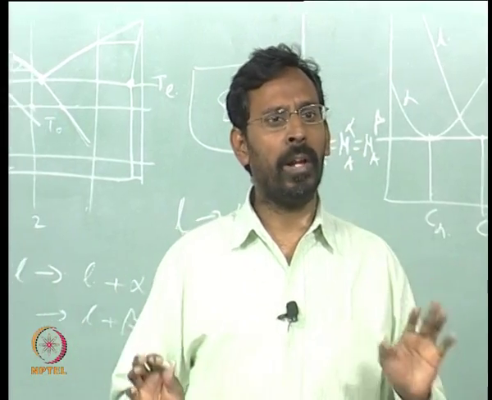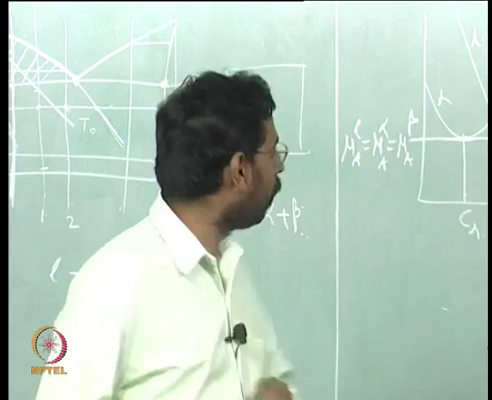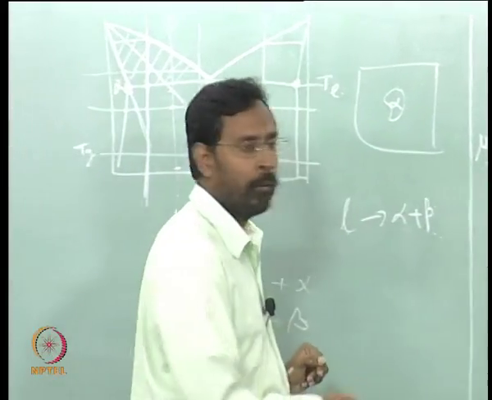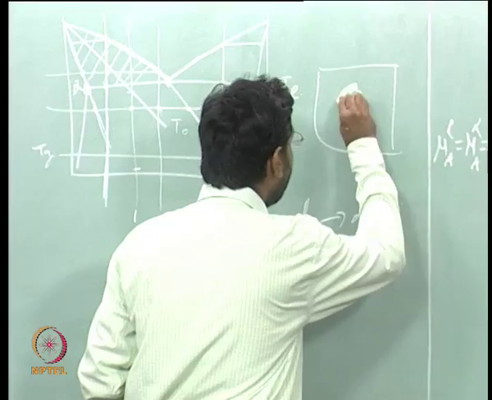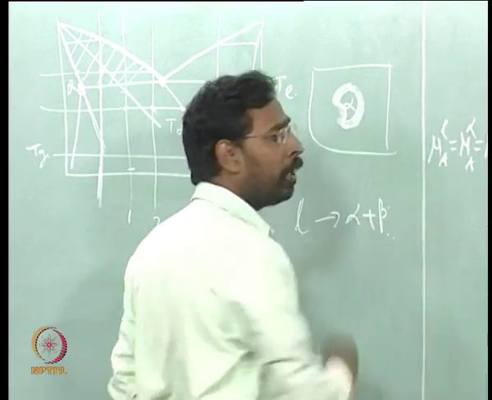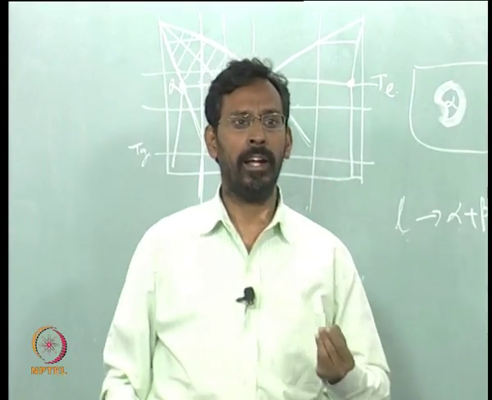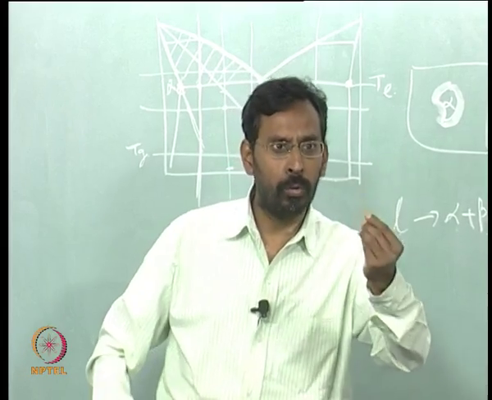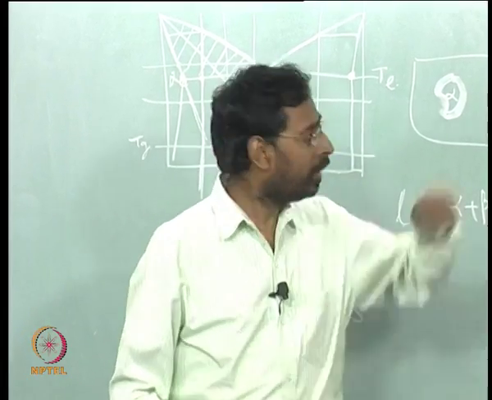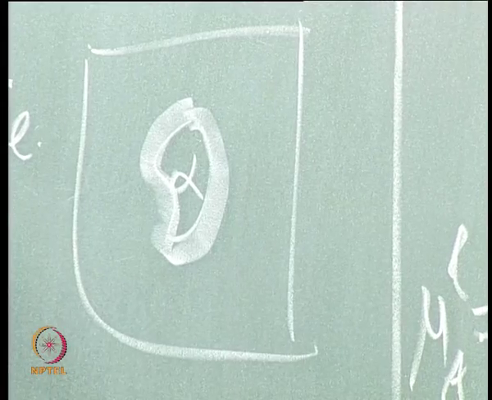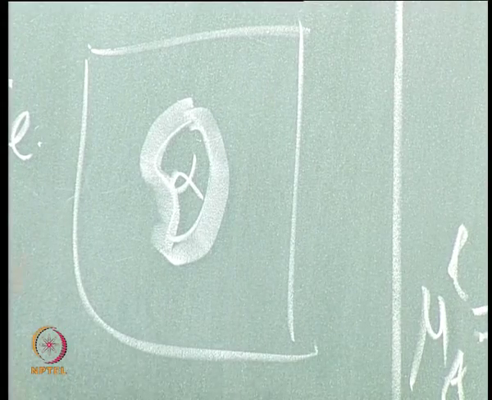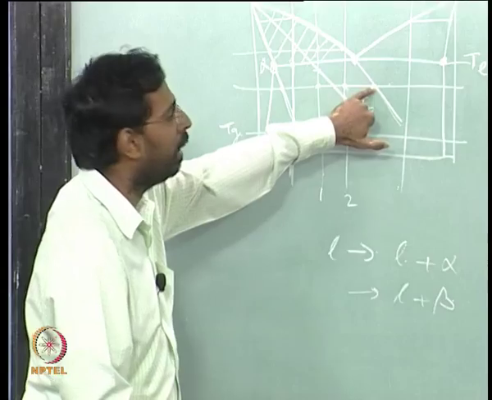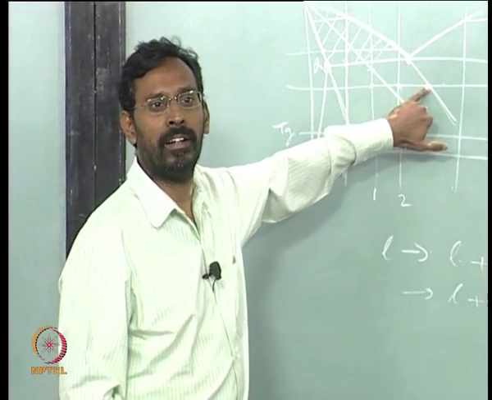At all other temperatures, the moment alpha forms, a thin layer of liquid around it, maybe even a monoatomic or two-atomic layer thickness, will have a composition decided by that tie line.